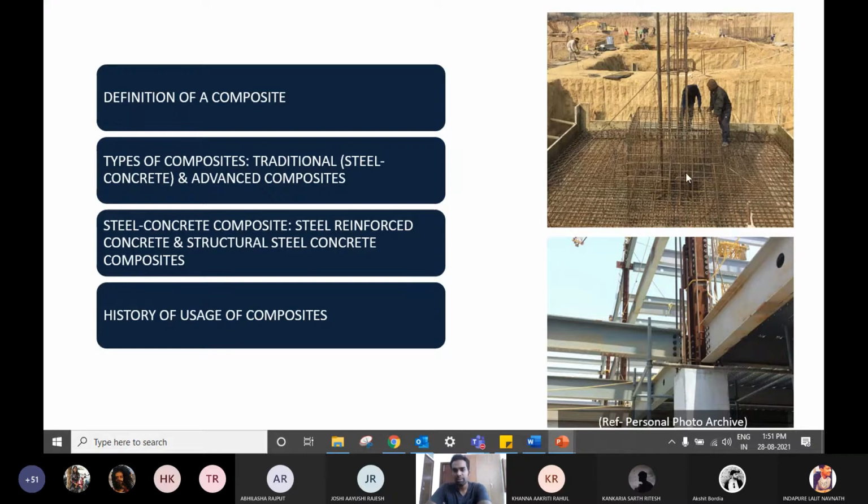So this foundation is made up of traditional steel concrete composites. And there's a modified form of the composite in the superstructure. Instead of only having reinforcement bars, we have the entire I section, and it is connected by beams, which are also structural steel, unlike concrete beams.